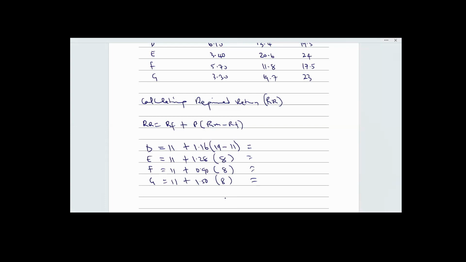So I would then say 8 multiplied by 1.16 plus 11 equals 20.28%. The next one, 8 multiplied by 1.28 plus 11 equals 21.24%.